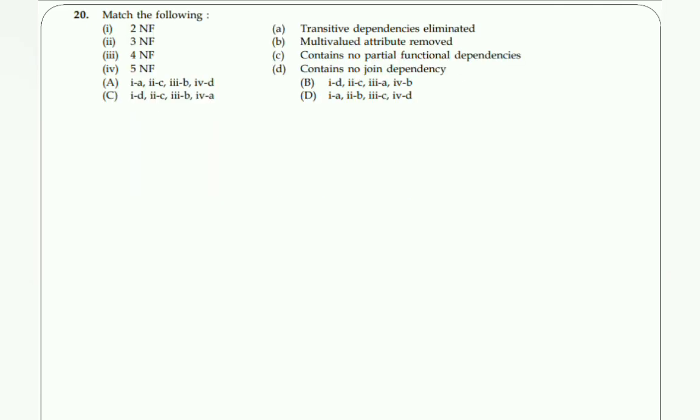Next one. Match the following. Here they have given the normalization forms, that is 2NF, 3NF, 4NF, and 5NF, and they have given the options as the basic property of each normalization form. So we have to match these two things.